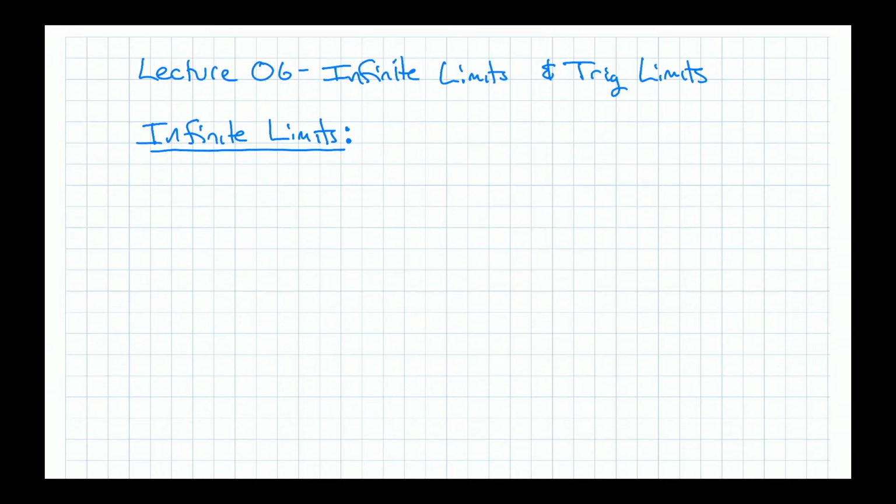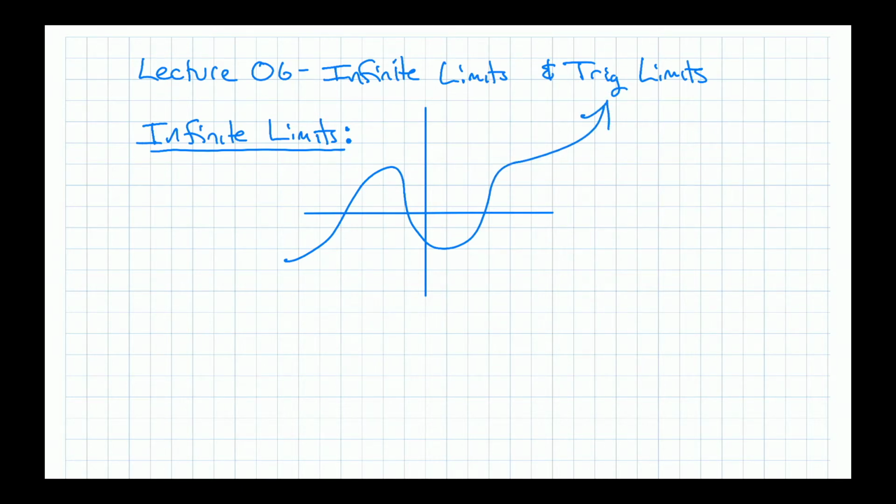The basic idea here is that some graphs of functions, I'll draw a picture, do whatever. And then as you head out to the left or to the right, maybe the graph just keeps going up forever.